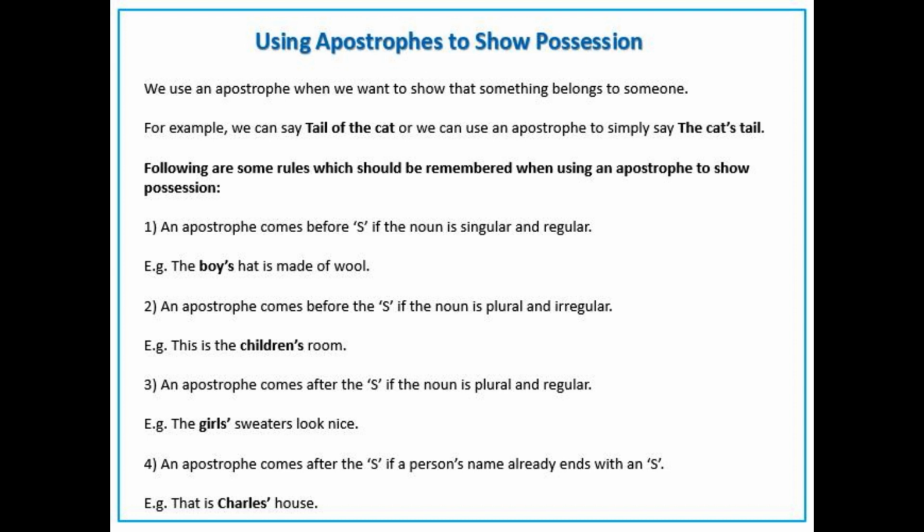The Americans, since they like to simplify everything, they like to add the additional S after the name that already ends with an S. So they write Charles apostrophe and then an additional S after that. However, whether you write an S or you don't write an S, in speaking, you will say that is Charles's house.